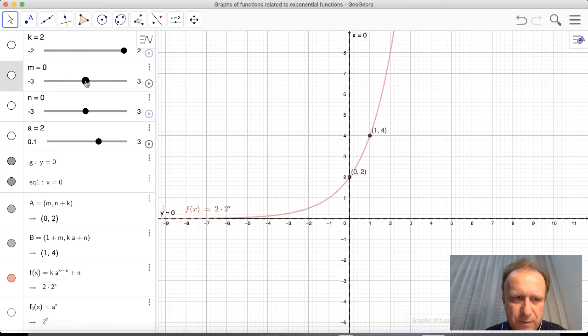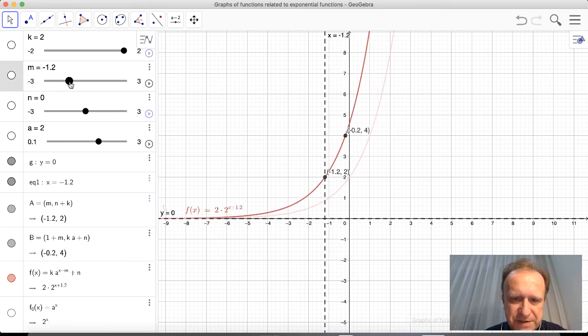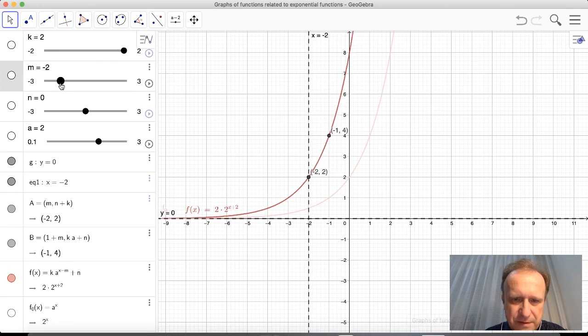Of course, when m is negative, we translate the graph, but this time in the negative direction, to the left. So for instance, if m is negative 2, like you can see here, the point minus 2, 2 has been moved from its original position here by 2 units to the left, and this point has also been moved by 2 units from its original position here.